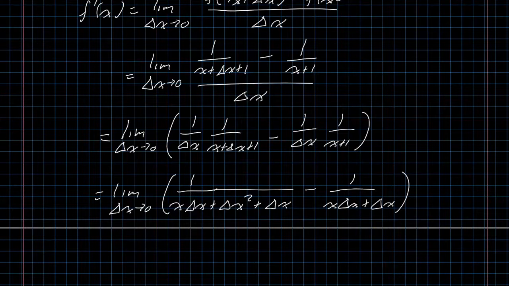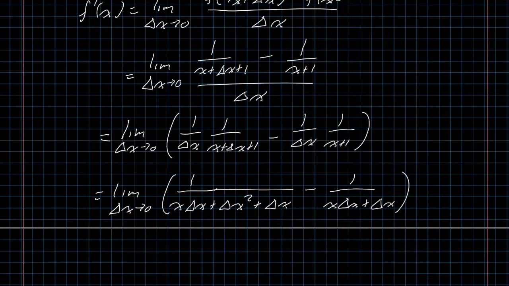And fun side note here, this gives us an excuse to look at a different indeterminate form, because if you plug in delta x equals 0 at this point, you will get 1 over 0 minus 1 over 0, which would be an infinity minus infinity, which can do some really weird things. So that's another indeterminate form. It doesn't show up all that much, but it is something that we should know about so that we can try to work with it.